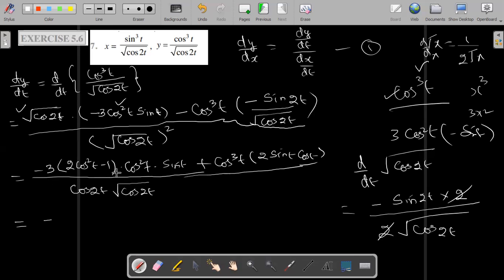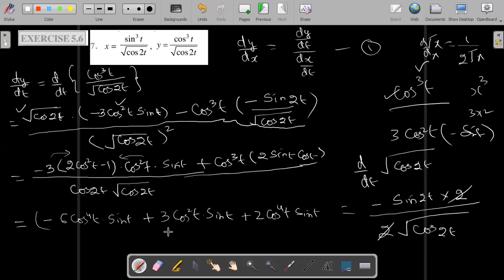Okay, so we can multiply inside all these terms and write down. So minus 3 times 2 cos raised to power 4 t sin t. Multiplying this term inside and this minus 3 also inside and writing. So minus plus 3 times cos square t sin t. Then this will become 2 times cos raised to power 4 t sin t.